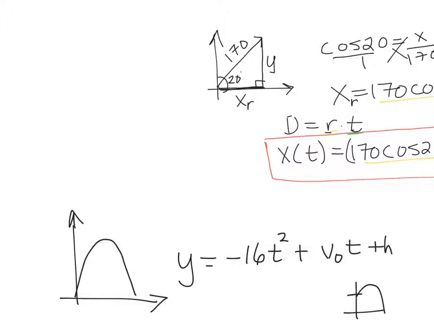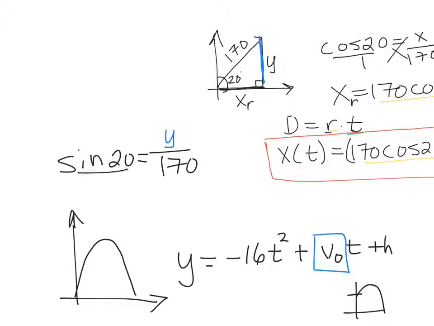What we don't have is the vertical velocity. We need this right in here, that vertical velocity. Okay, well, no problem. The sine of an angle is equal to the opposite over the hypotenuse.